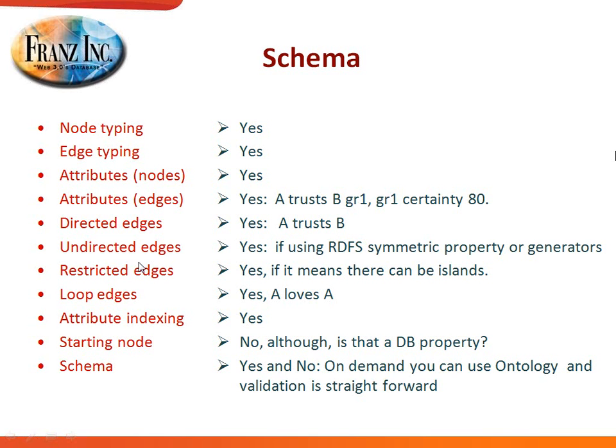We do restricted edges. I didn't know exactly what people meant with it. It looks like it means islands in your graph. We do loop edges where you can point back to yourself. Attribute indexing, yes, we can do that. We don't have a starting node, although we wonder whether that's a database property. And finally, yes, we do schemas, although in RDF land we call them ontologies, and you can use them or you don't have to use them. So it's fairly flexible how we deal with schemas.